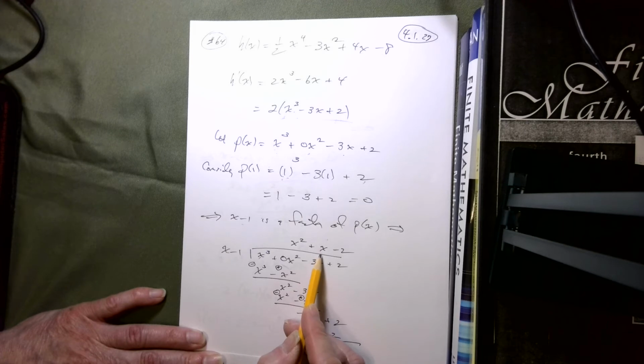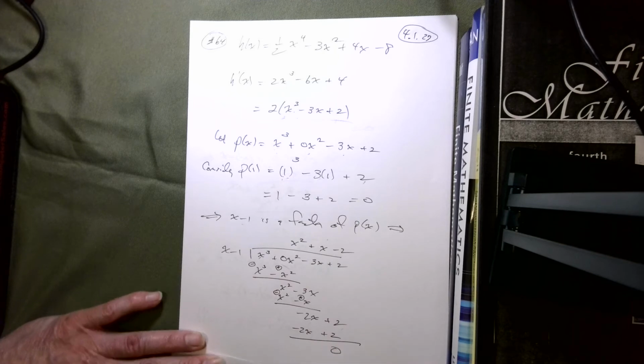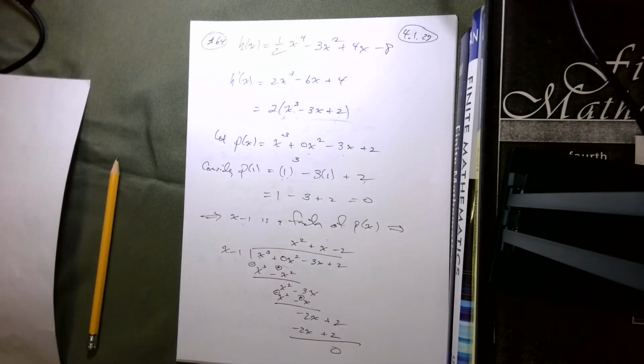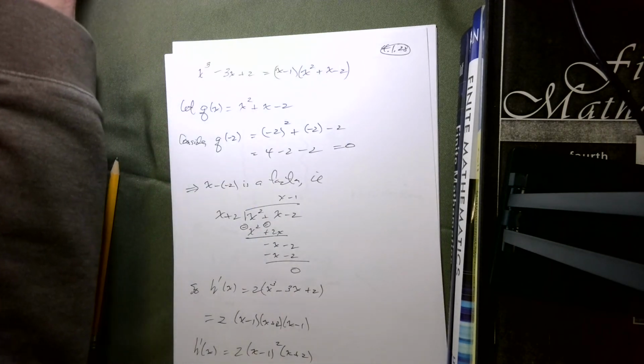Excuse me, what times x gives me an x? It's just a 1. So we're going to have, what times x gives me negative 2? Minus 2x plus 2. And notice we have a remainder of 0. Okay, so that's 27.